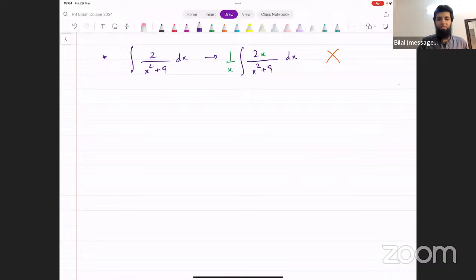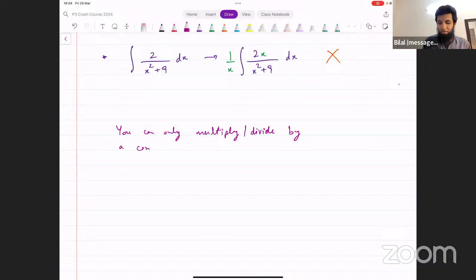So what you need to remember is you can only multiply or divide by a constant, not a variable, not by x.